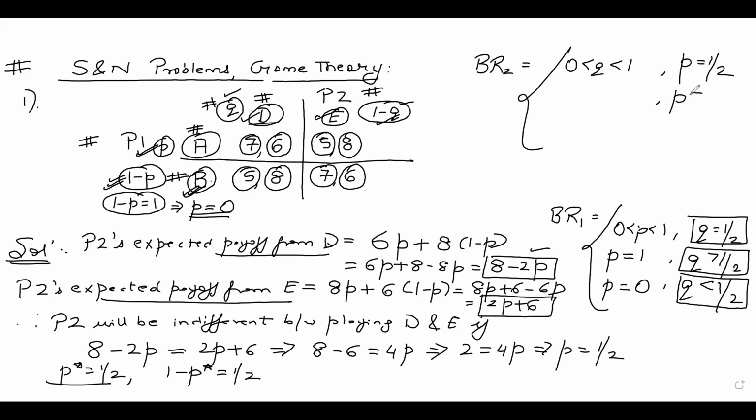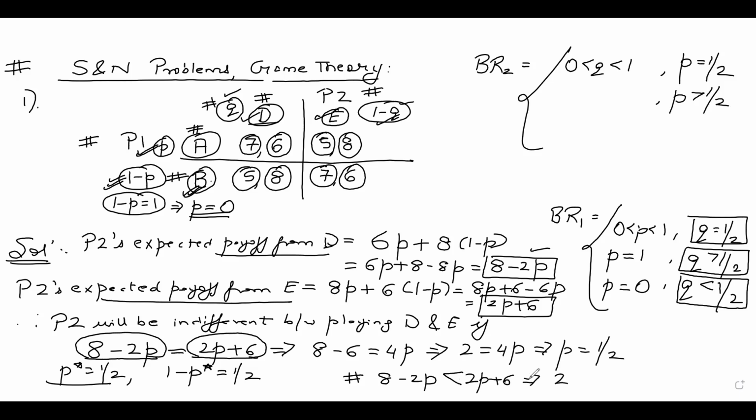But what happens when P is greater than half? When will I get P greater than half? Understand this, guys. If I say that expected payoff from D is less than expected payoff from E, that means 8 minus 2P, which is my expected payoff from D, is less than expected payoff from E, which is 2P plus 6.